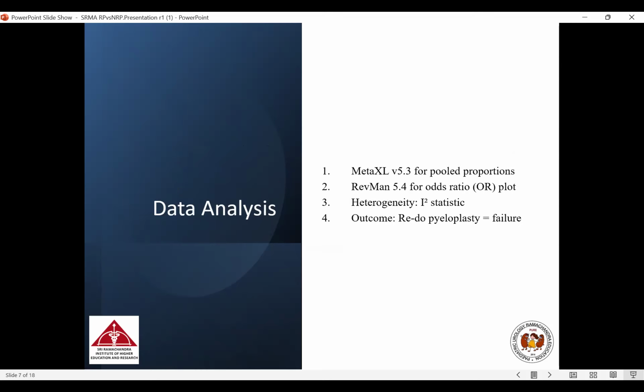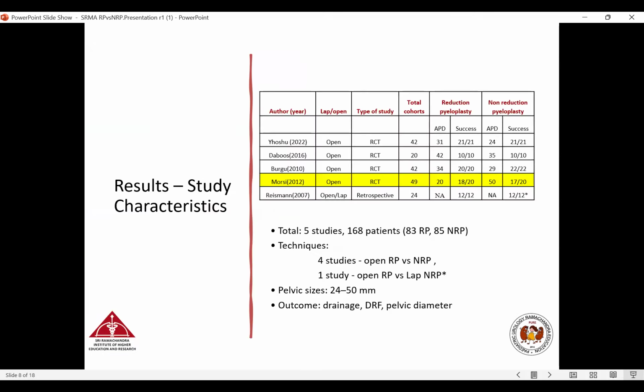We used MetaXL software for the pooled proportions and RevMan software for the odds ratio plot, and also to get the heterogeneity. The pyeloplasty failure is basically a redo pyeloplasty. When somebody needs a redo pyeloplasty, we call it a failure.